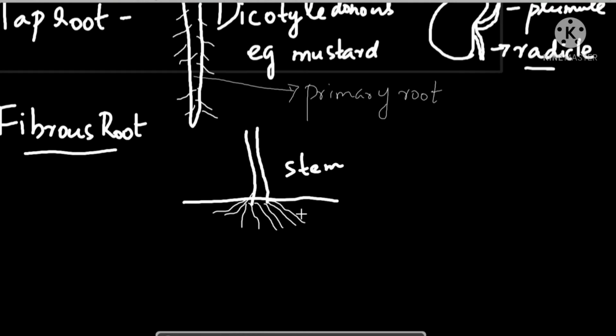They arise as a large number of roots from the stem base. And they don't arise from the radicle part, it's from the base of the stem that they arise. This can be seen in wheat plants.